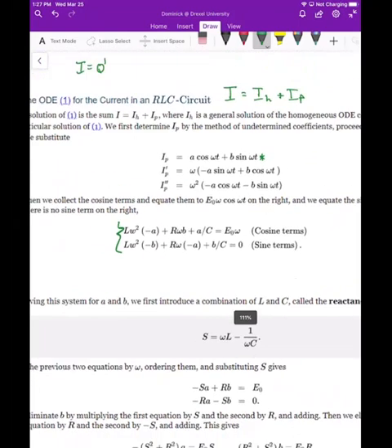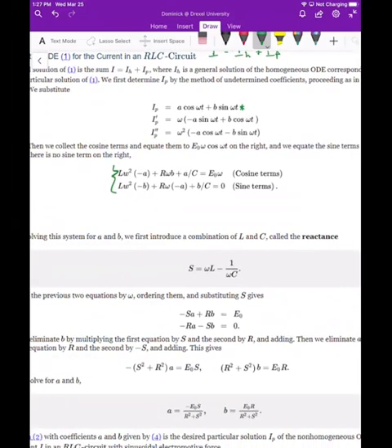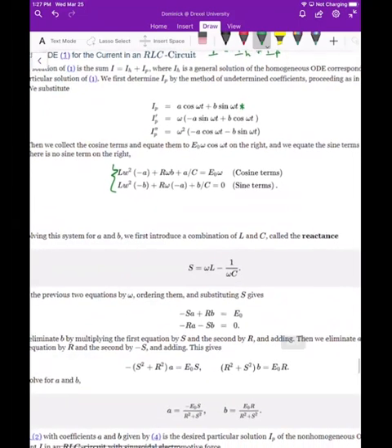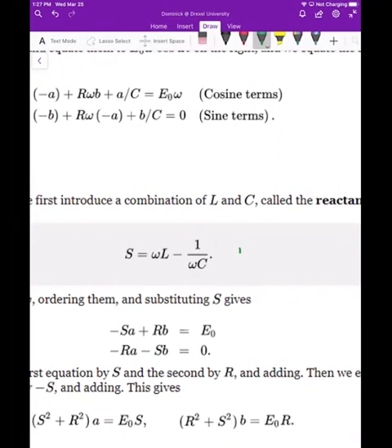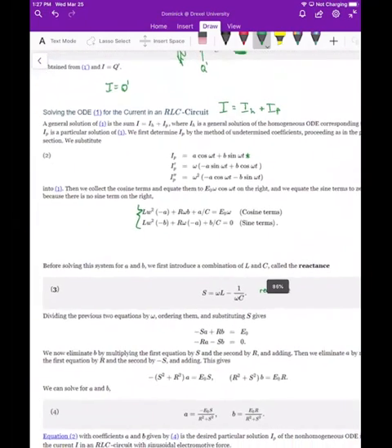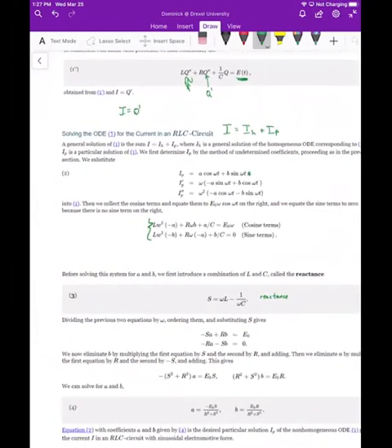Okay, so now, before we solve for A and B, we're going to define this variable S here, which is called the reactance, which is just made up of omega times L minus 1 over omega times C. And again, our L is our inductance, and our C is our capacitance, right?